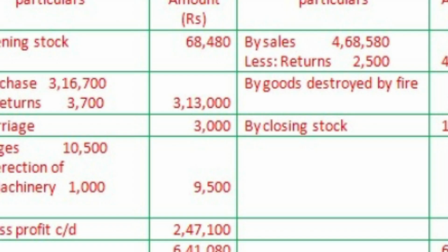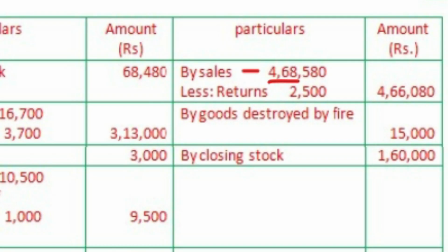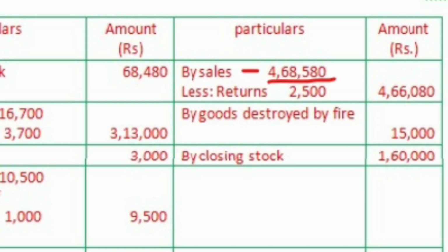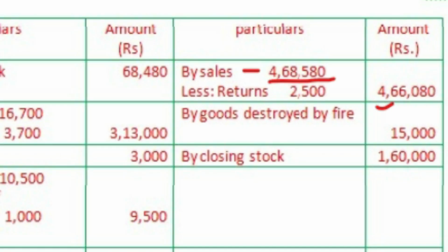Now on the credit side, sales is given in the question, and less returns, which is on the debit side of the trial balance, 2,500, and the balance obtained is 4,66,080. In adjustment number 3, goods destroyed by fire is given.